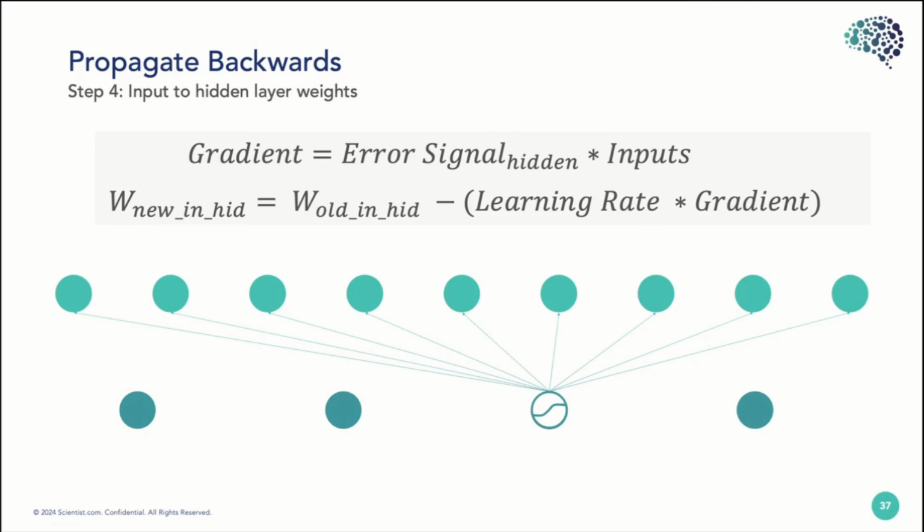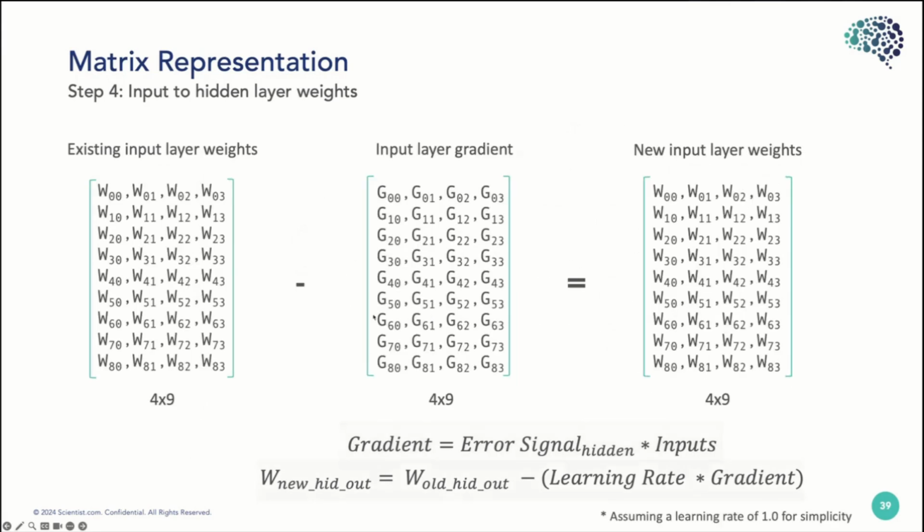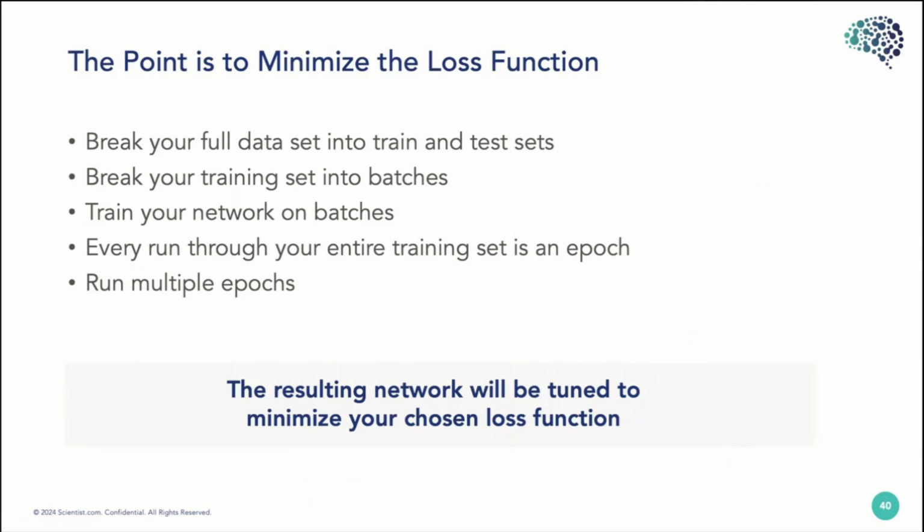So if it's negative, you still want larger weights, right? So you're still subtracting. And then you adjust your weights in this layer. And once again, this is the matrix representation of computing the gradient, and then the matrix representation of changing the weights. And that is backpropagation.